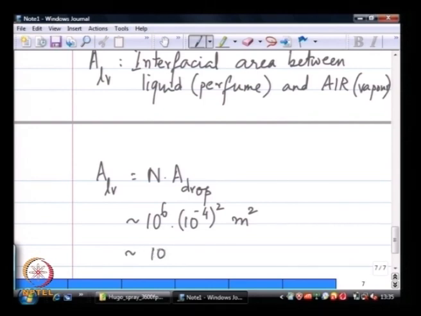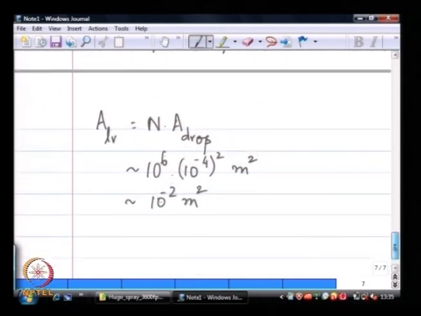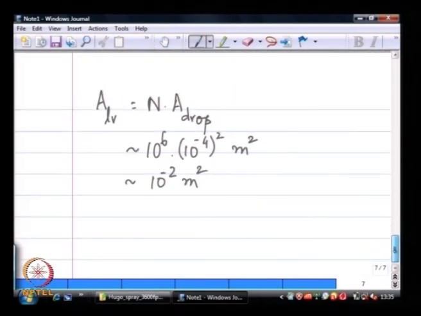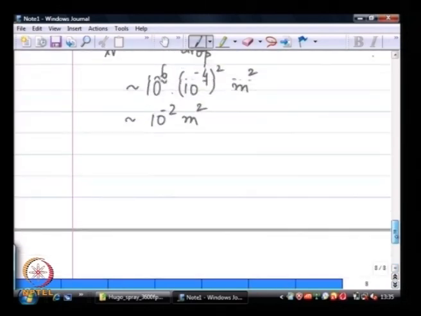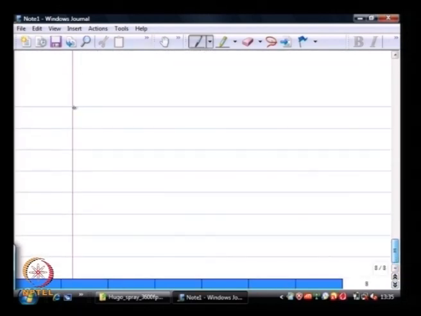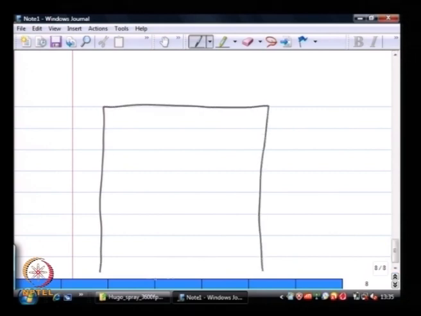So, if I look at this, that is 10^-2 meter squared, that is 10^-1 meter. So, essentially if I actually look at it, it is about 10 centimeters this way, 10 centimeters this way.